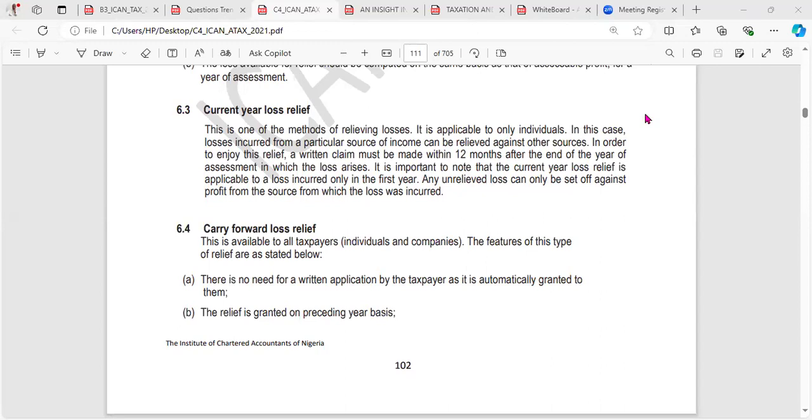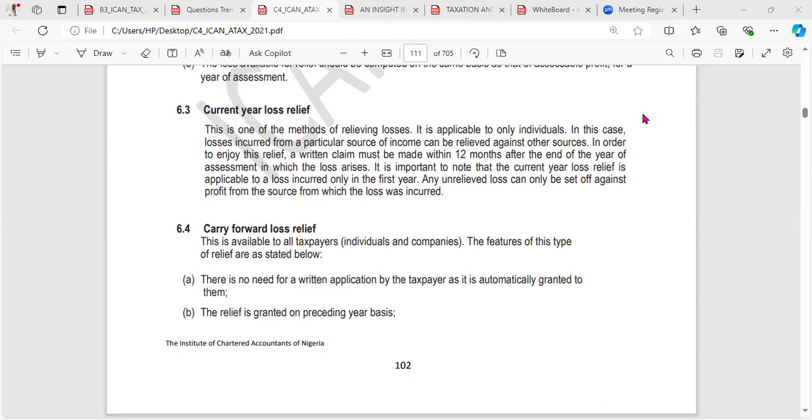Now, when an individual takes advantage of this loss, he or she can relieve a loss from one type of business or source of business with other sources of income that have a profit. And this must be done for the first year in which the loss is made.